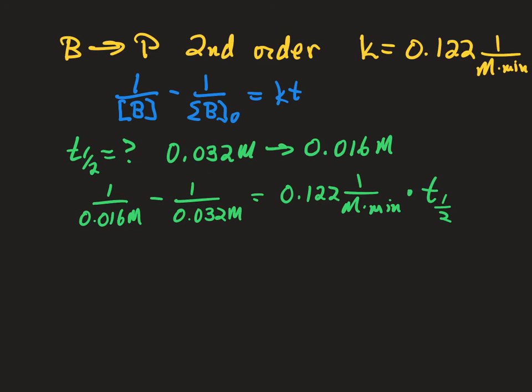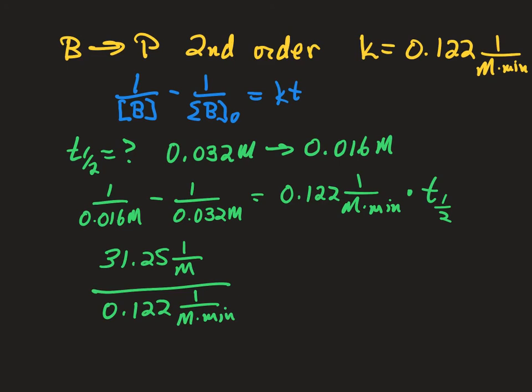If we solve the left side of our equation, if we take those fractions and subtract them, you get 31.25 per molar divided by the 0.122 per molar per minute.